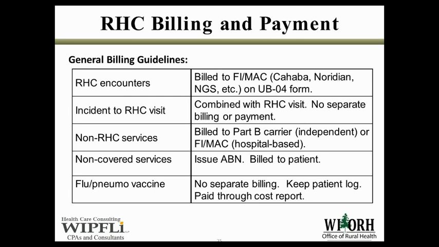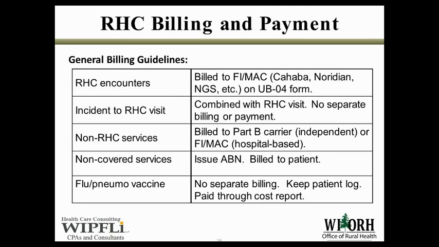Non-RHC services are billed outside of the scope of that per-visit limitation or that per-visit bundling concept, and those non-RHC services are typically billed to a Part B carrier or perhaps even the fiscal intermediary or the Medicare contractor for that hospital-based clinic.